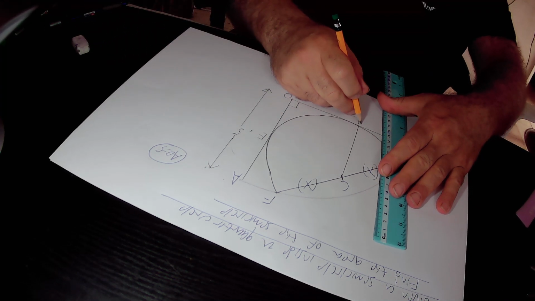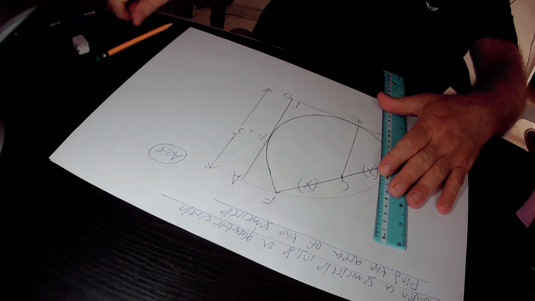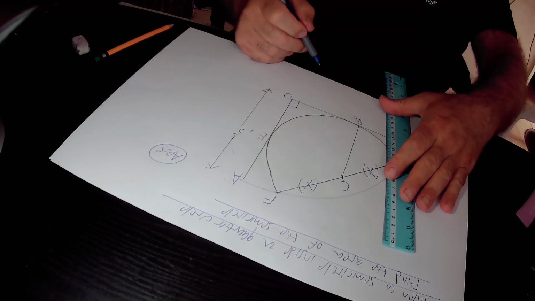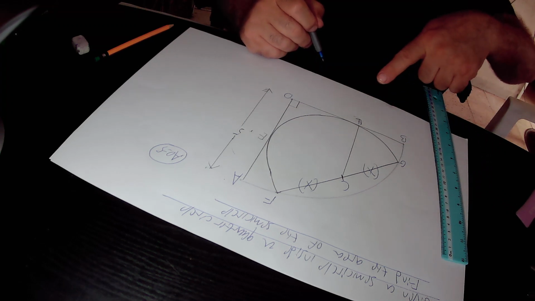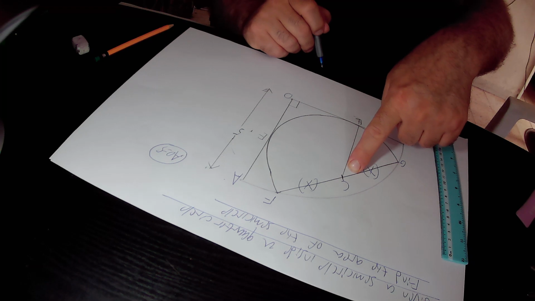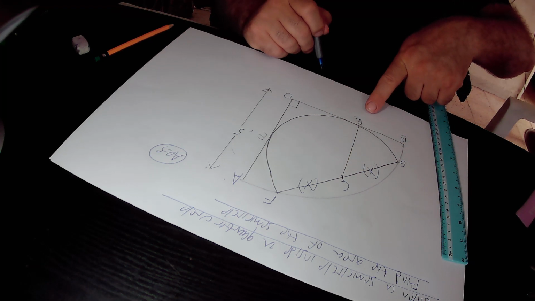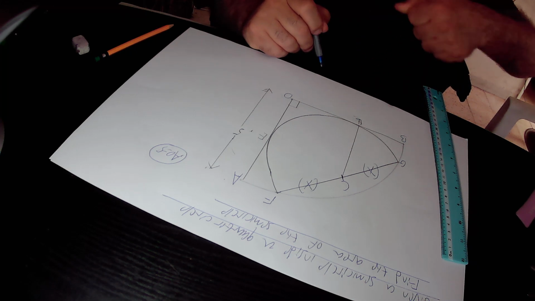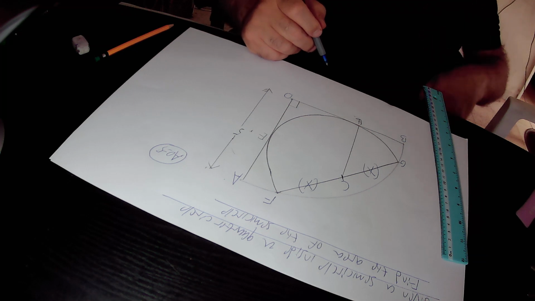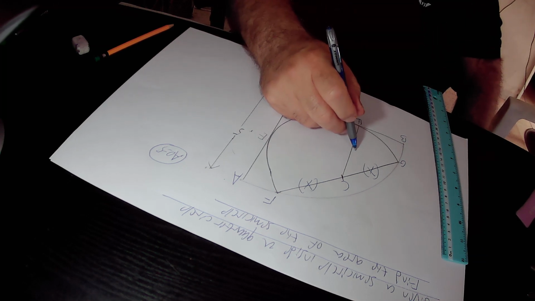So CL is the radius of the semicircle because it starts from point C, that is the center of the semicircle, and ends at point L, that is a point on the semicircle itself. So this is exactly the definition of a radius. Therefore CL is the radius of this semicircle, and equals x according to our definition.